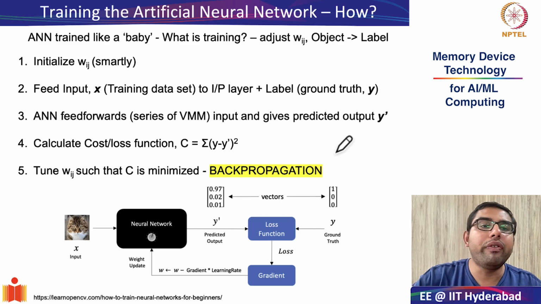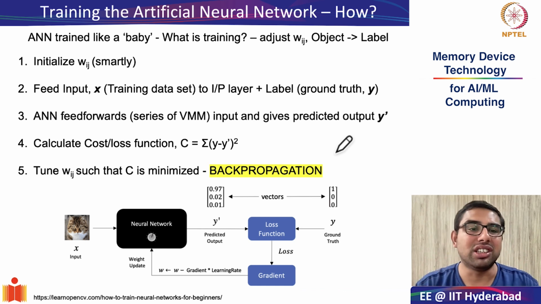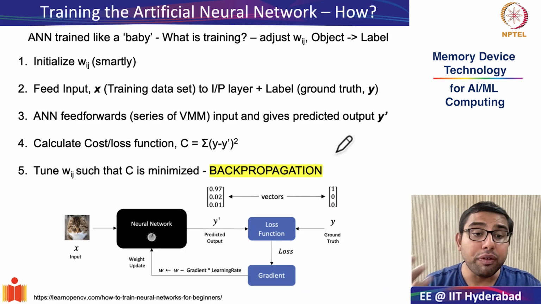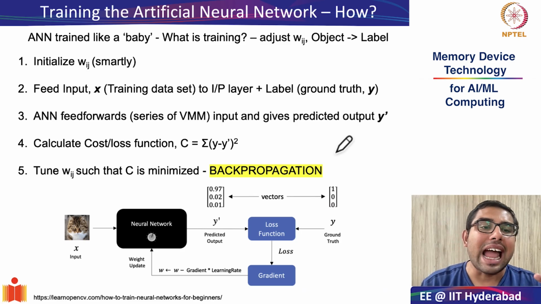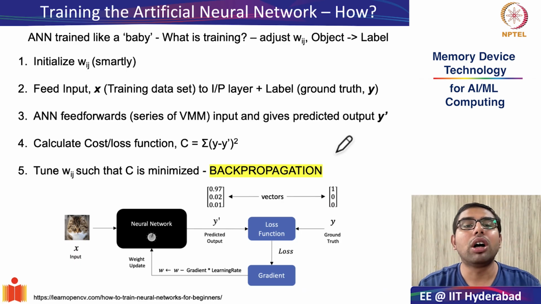And then you do your feed forward series of vector matrix multiplications, which gives you your predicted output. Using the cost function, you calculate how far your network is from the expected data, and by tuning the weights throughout the network, you ensure that the cost function is minimized, and that is essentially the backpropagation algorithm.